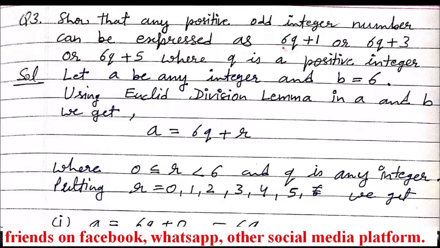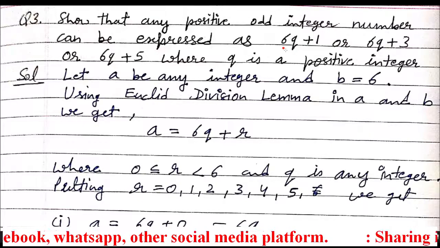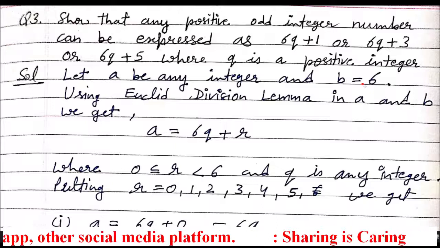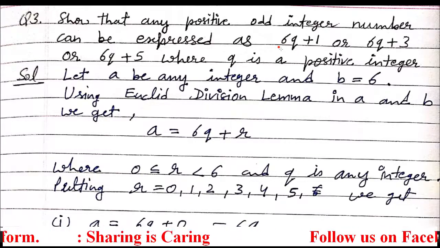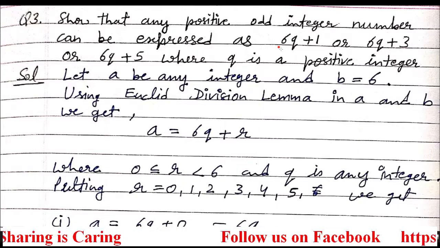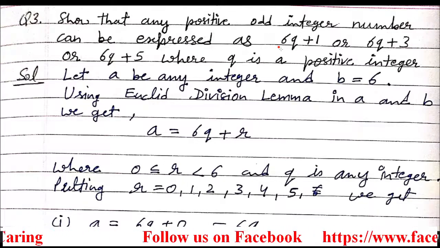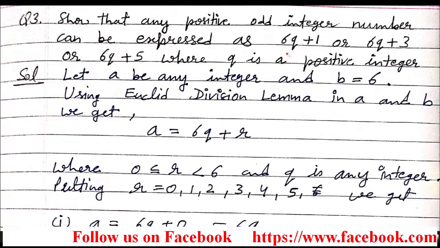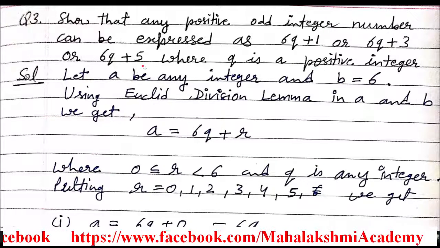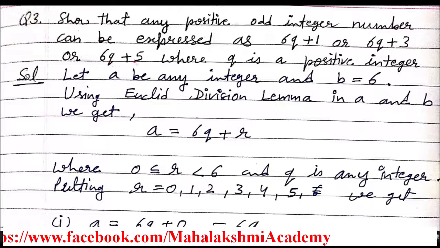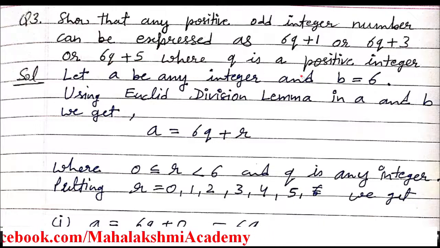That's why, among the numbers which divide 6, that is 1, 2, 3 and 6, I selected b equal to 6 because at maximum we need 6q plus 5.